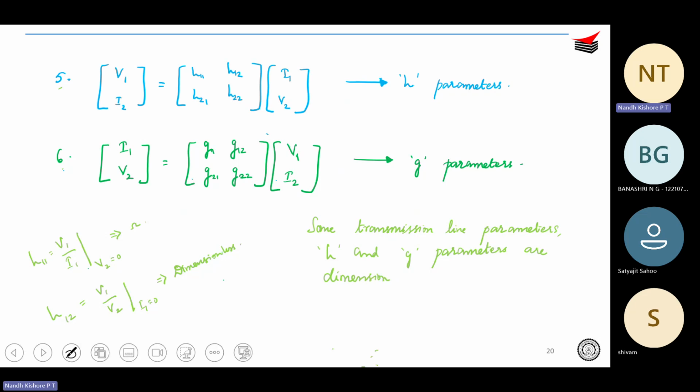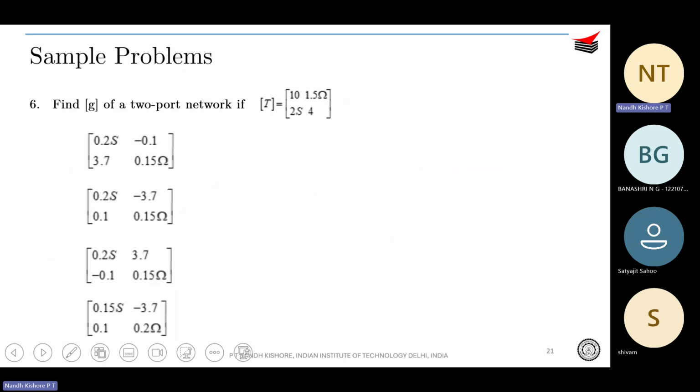So don't be afraid that there is no dimension over here and you should have done something wrong. Remember that some parameters can even be dimensionless. Okay, so let's go ahead. You see all the options over here: Siemens, then no unit, and then ohms. So take care of the unit.